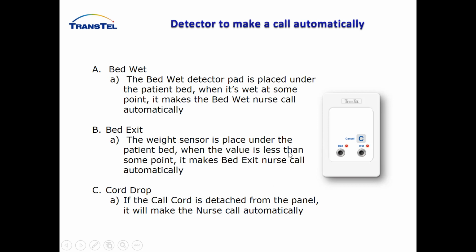When the value is less than some point, it will make the bed exit nurse call automatically to notify the nurse. Or call drop: not only the connection drop here, but also the patient call drop. If the call is detached from the panel, it will make the nurse call automatically. So these are three situations where we can make the nurse call automatically.